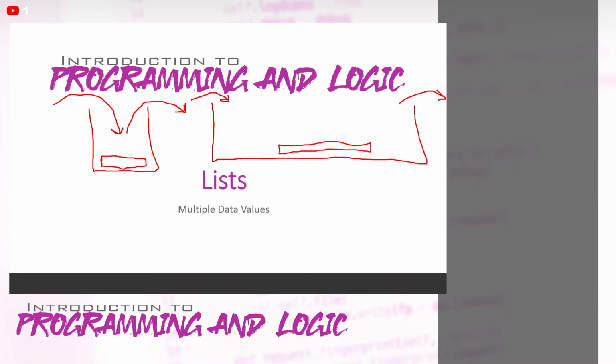But in this case, what makes a list special is that we're not just talking about data values like we would with a singular variable, but we're talking about other containers. And each of these containers have their own little label on them.